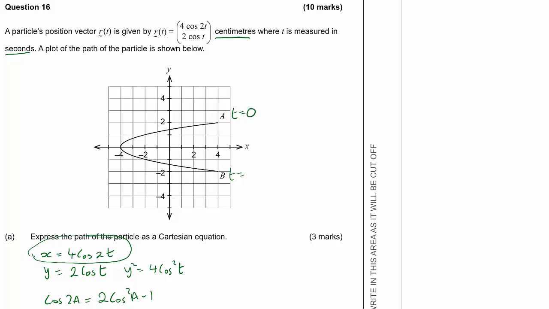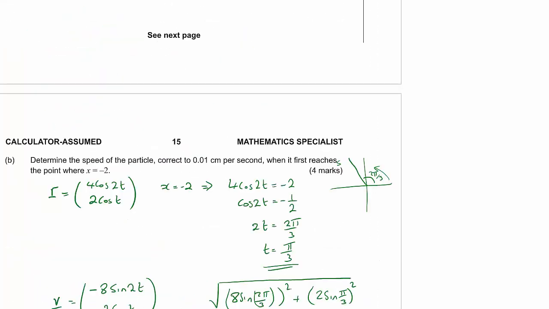So this looks like t equals 0. So cos of 0 is 1, so that would put us at the point 4,2, and we can see A is 4,2. This looks like t equals pi, because cos 2 pi is of course 1, so the x-coordinate's back to 4. But cos of pi is -1, and this is at 4, -2.